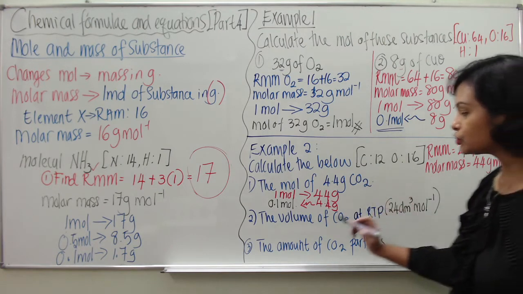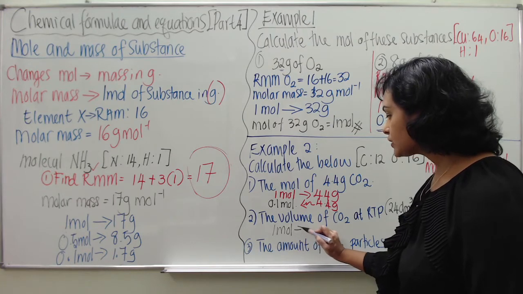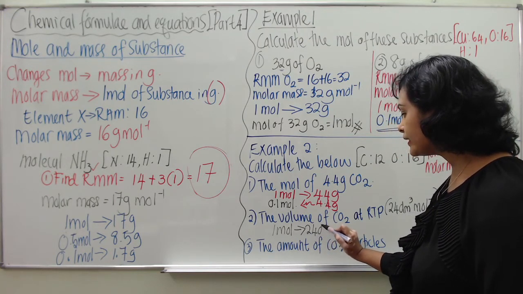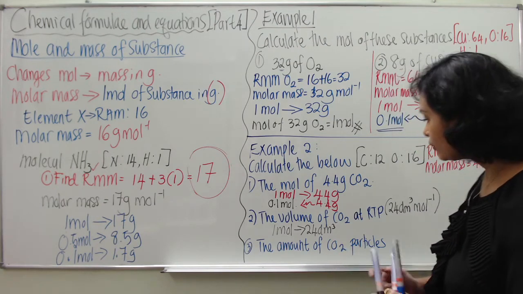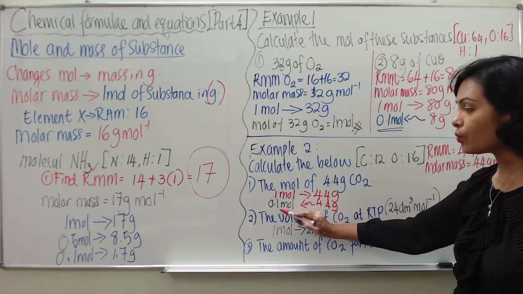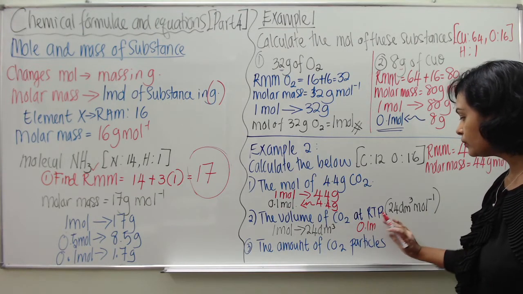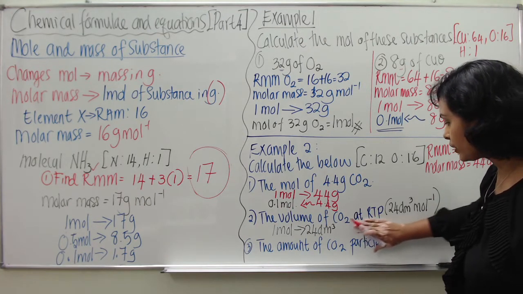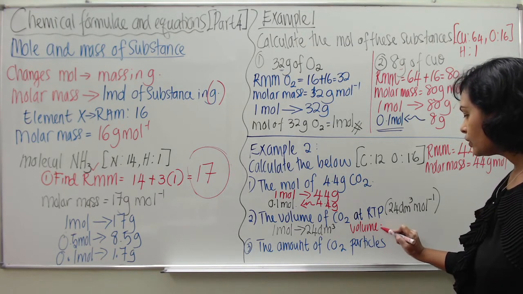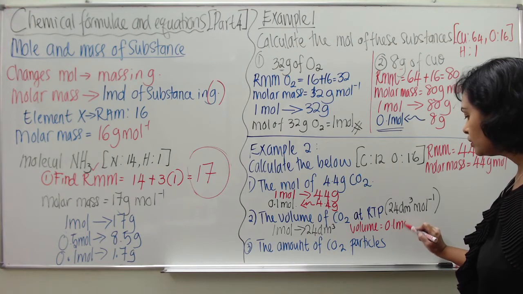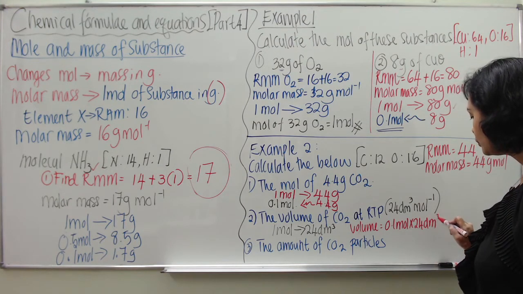So in order to get 1 mole, we must have 24 dm cube of carbon dioxide gas. But here we only have 0.1 mole. So the volume equals 0.1 mole times 24 dm cube per mole.